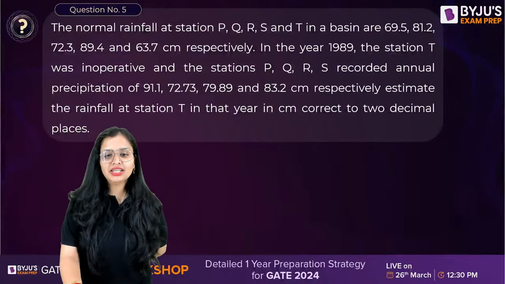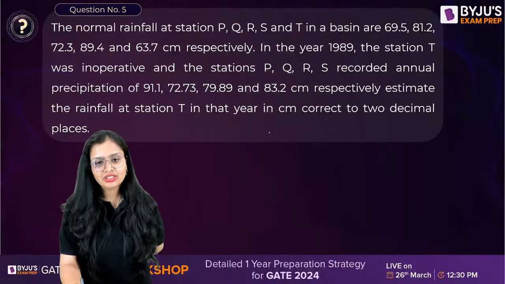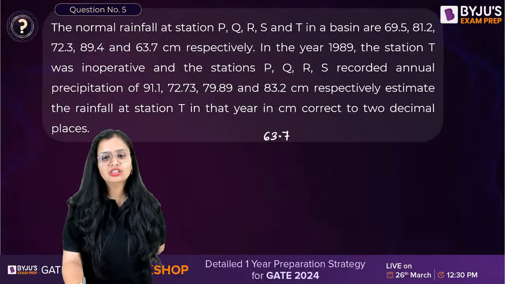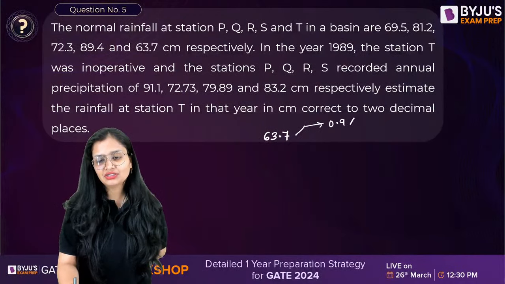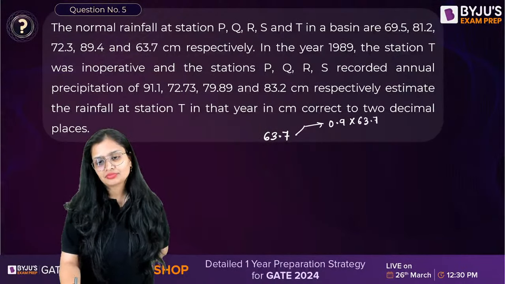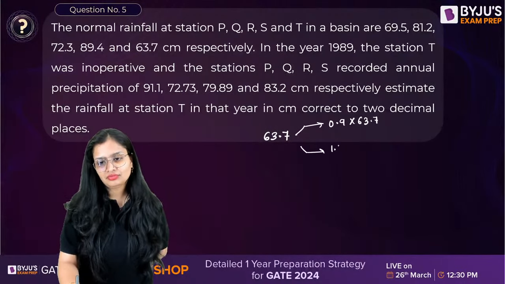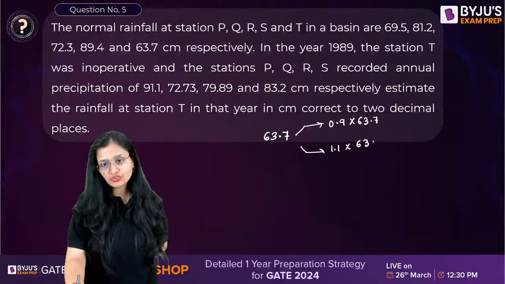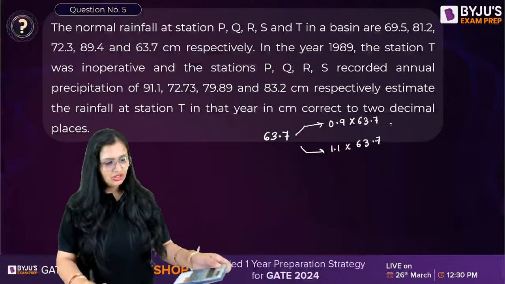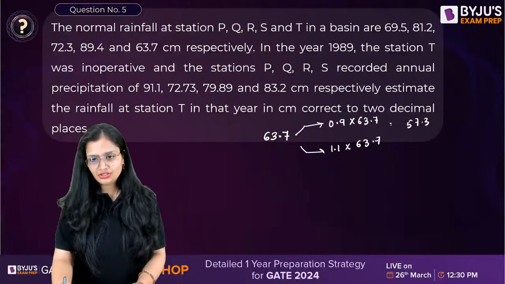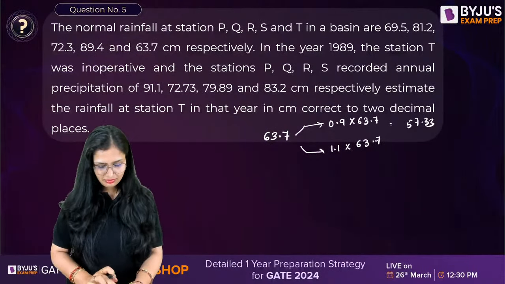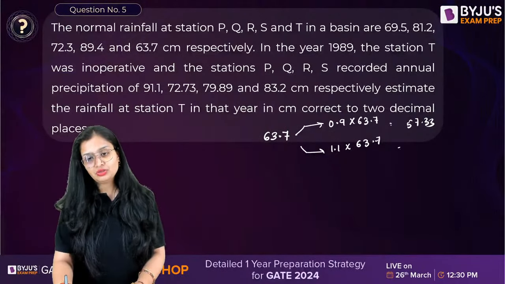So which was missing? T was missing. What is the rainfall at T? Normal rainfall 63.7. So you will take 10% variation and see whether all the others fall into this category or not. 57.33, 70.07.